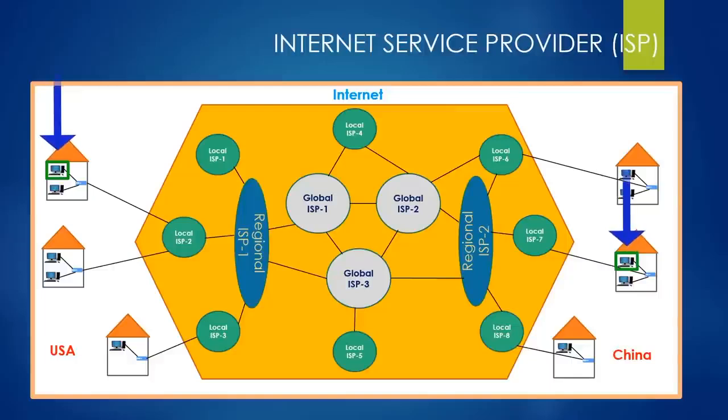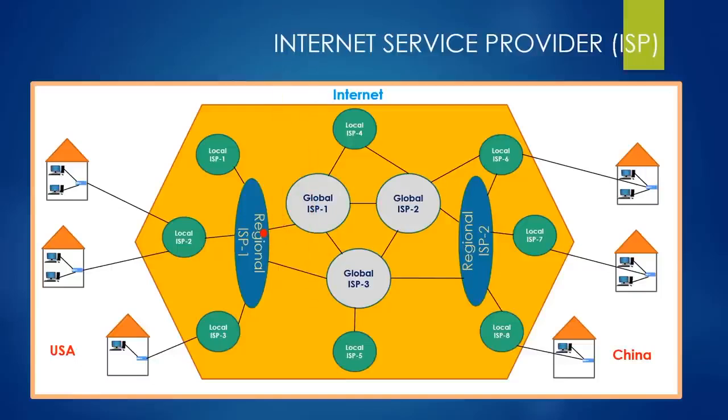And as you can see in the image, there are multiple global ISPs, and these global ISPs are part of the hierarchy, and by using them, these two computers can communicate with each other. Let's assume that this computer wants to communicate with this computer. In this case, the packet will first go to the local ISP2, and then go to the regional ISP1. And the packet has two options at this moment, this path or this path.